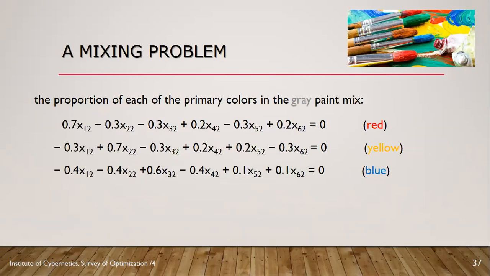Therefore, the summary for the gray paint constraint will look like the ones on the screen. Again, the first line will refer to the red color in the gray paint. The second is yellow color in the gray paint. And the last one is blue color in the gray paint.